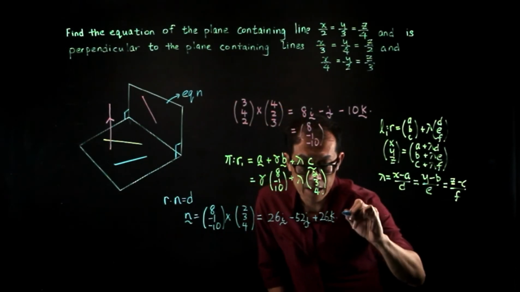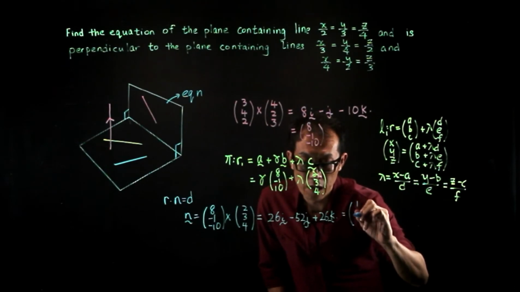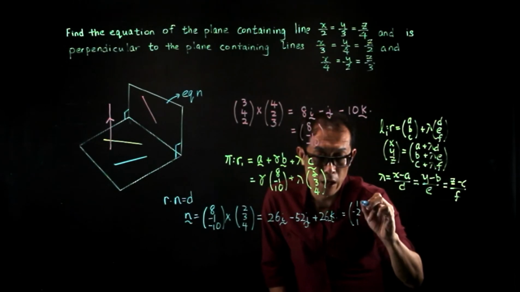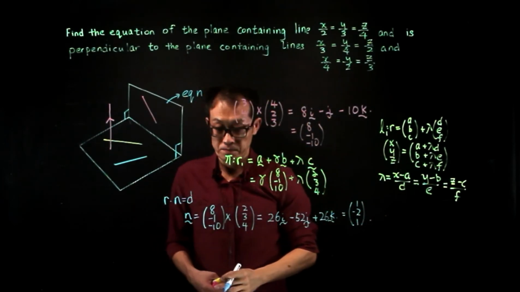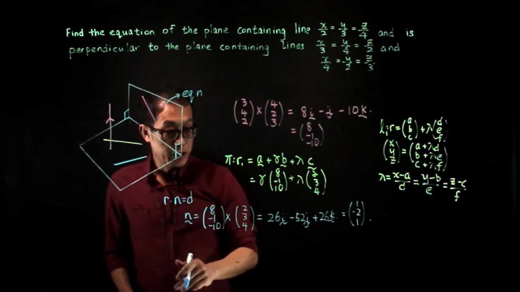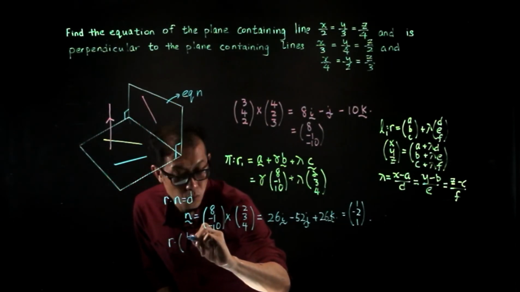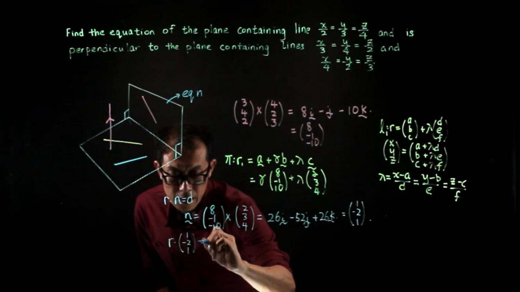So in column vector, I mean, you can simplify by 26 throughout: 1, minus 2, 1. Okay. Now, so your equation will be r dot 1, minus 2, 1 equals to D.